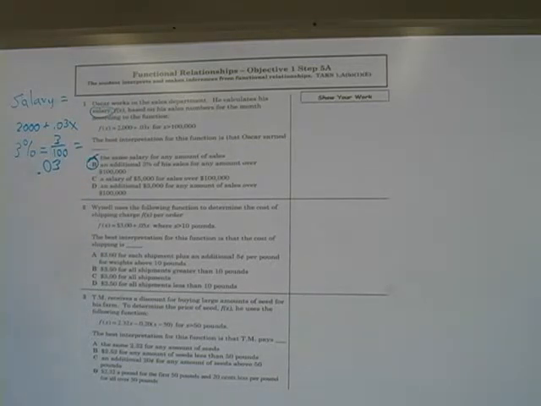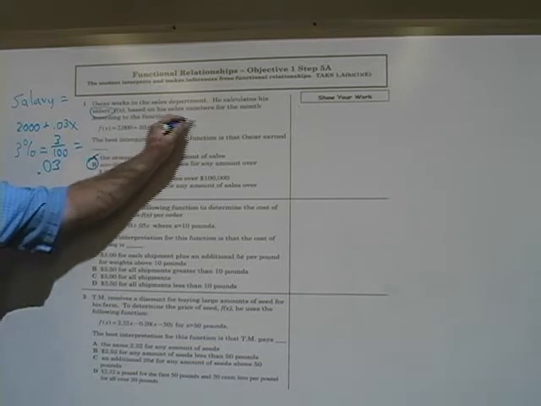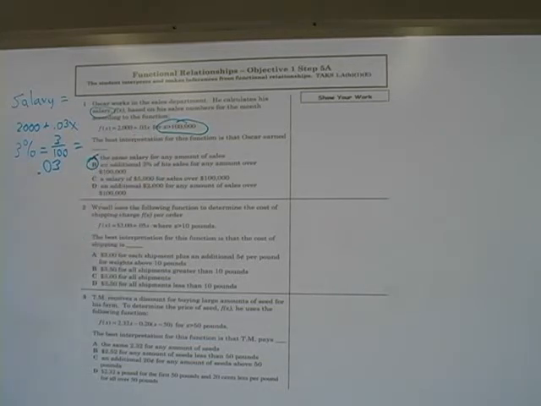Now, what do you think is going on with the 100,000 number? Why would they have that in there? If you were a salesperson, why do you think they would have this stipulation? Your boss says, for X over 100,000, we're going to give you this additional.